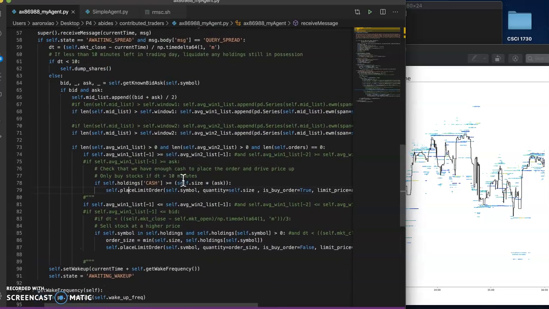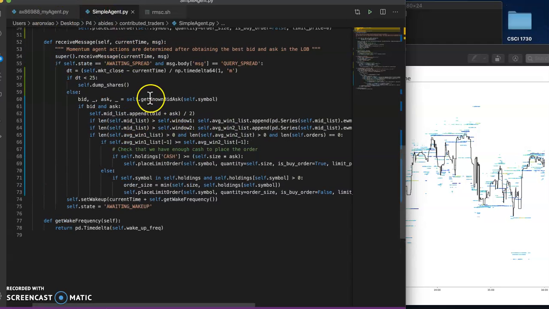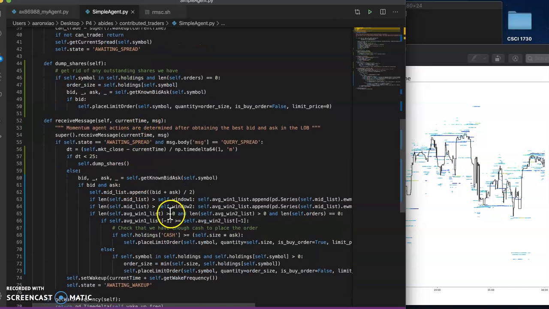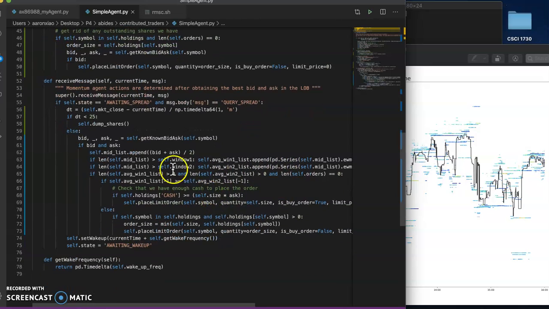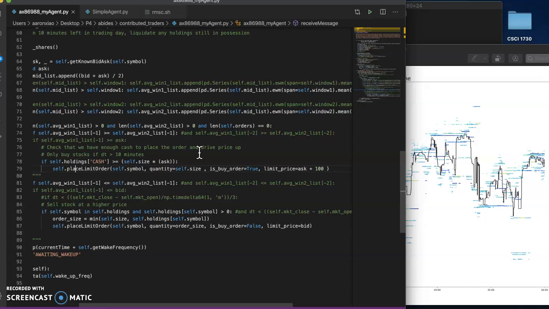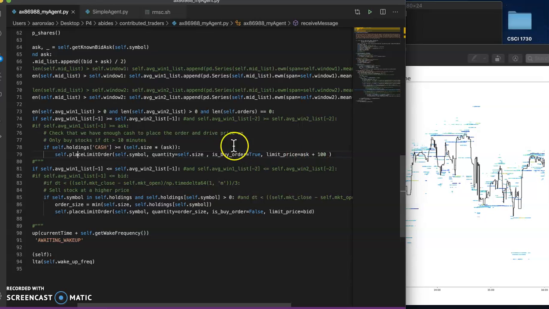So for the code over here, I primarily built off the simple agent trader. It uses the same ideology of when to buy or sell by comparing the current and previous price windows at the time. The idea here is again to exploit the ZI agents by trying to drive the prices up.